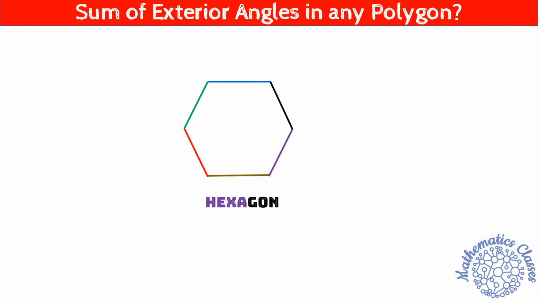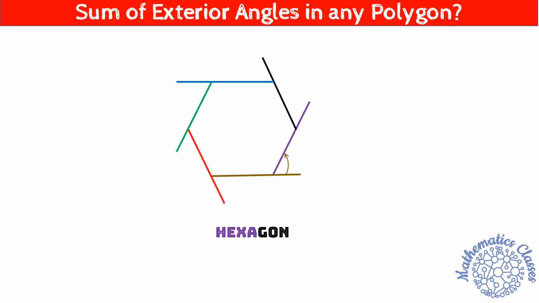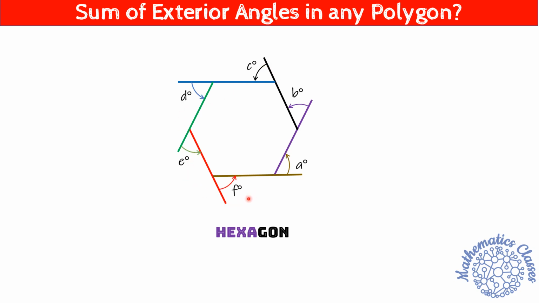This time we have one hexagon, and let us try to measure its exterior angles using the angle sum property of polygons. Now, to show the exterior angles, we should extend its sides. These are the exterior angles measured in counterclockwise direction. We can name our exterior angles as A, B, C, D, E and F degrees.